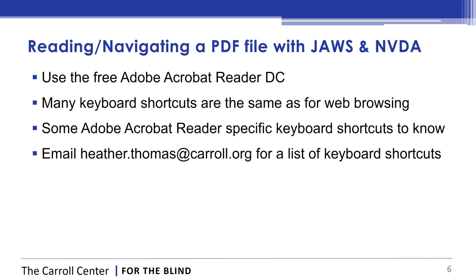If you're an NVDA user, then you'll also hear an alert that says Empty Document, and then it will say this document appears to be empty. It may be a scanned image that needs OCR, or it may be a malformed document. So then you'll press NVDA and the letter R as in Romeo.